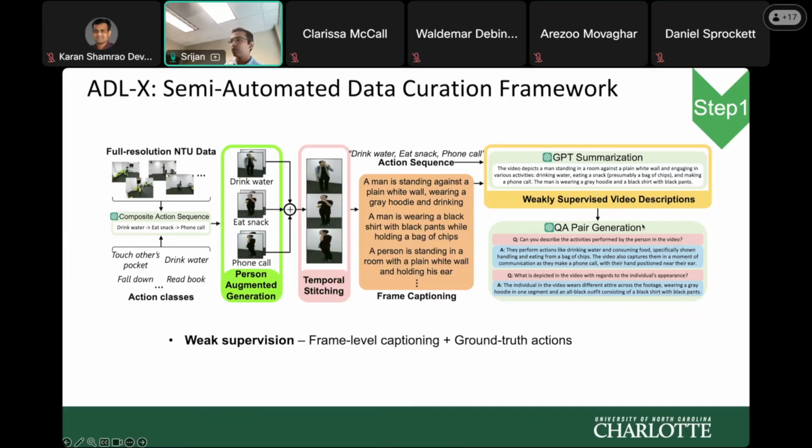How do we do the question answer pair generation? Once we have a good video description from GPT, we take this description and send it back to GPT and ask, okay, now this is a description of the video, generate 5 question answer pairs. And these question answer pairs should have the properties that we need.